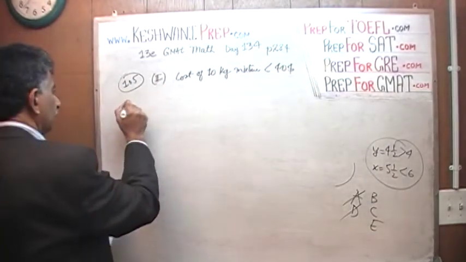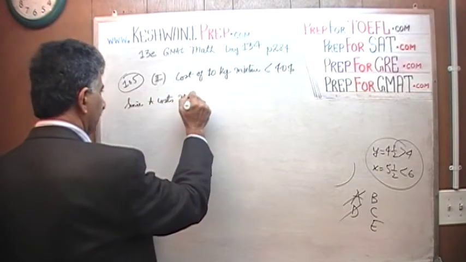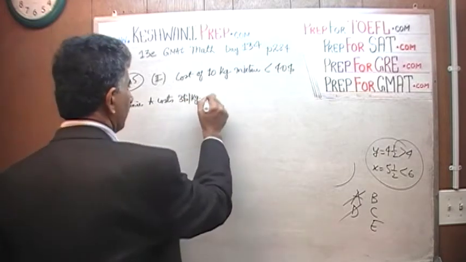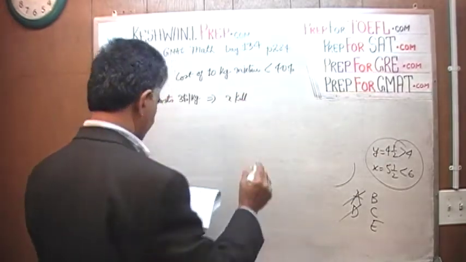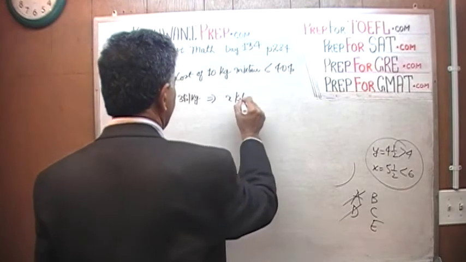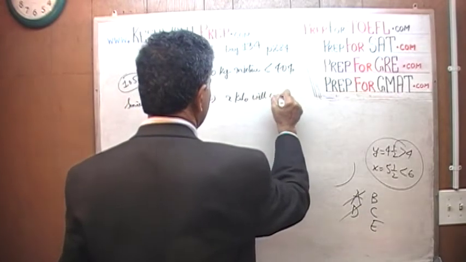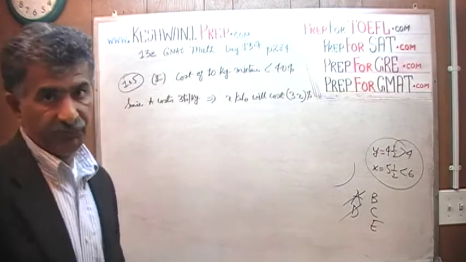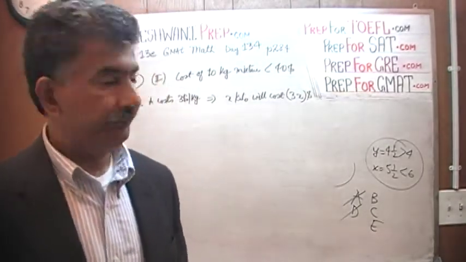Since A costs $3 per kilo, that would imply that x kilos will cost 3 times x dollars, because each kilo costs $3. If you were to buy x kilos, it will be 3 times x.